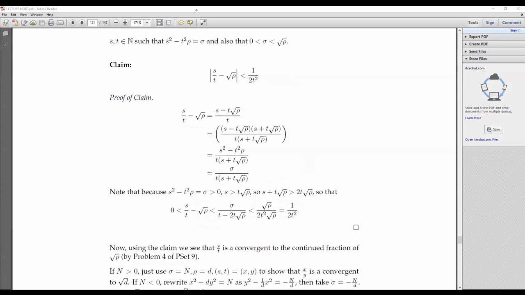Now this does not explicitly prove that this S by t is a convergent to root rho. For example, this does not prove that Pn by Qn minus root d. If x by y is indeed a convergent, it would mean that x by y can be replaced by Pn by Qn, with t or rho, whatever, less than 1 over.